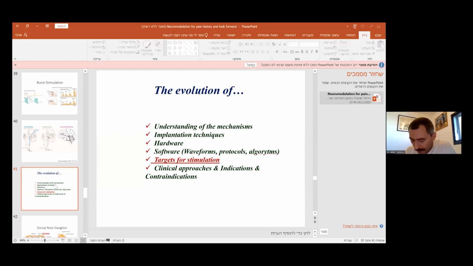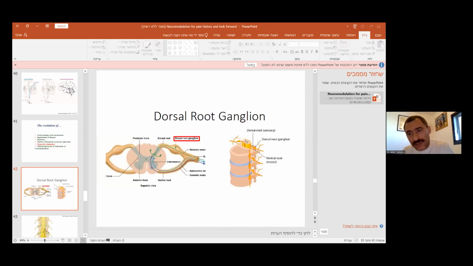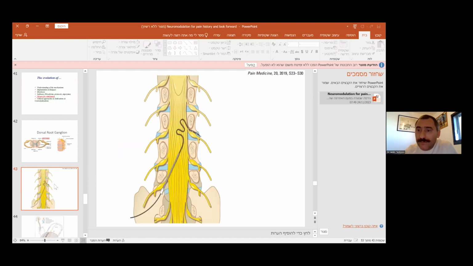So the next important kind of evolution is the evolution of targets of stimulation. We began with spinal cord stimulation, but now we know very well that the first station of pain propagation is the dorsal root ganglion. It appears that we can stimulate the dorsal root ganglion.